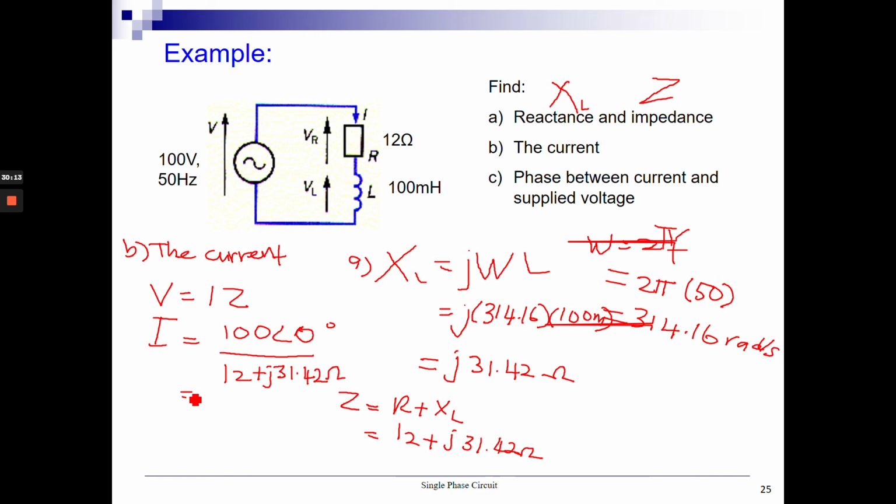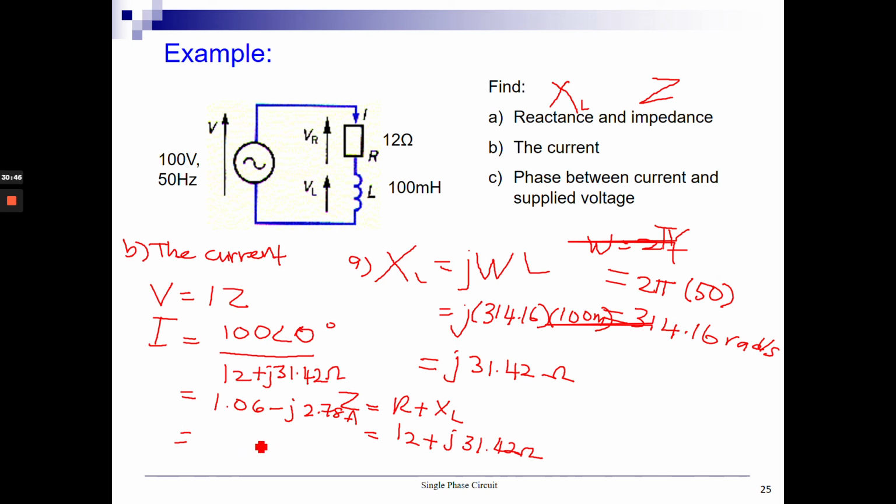Okay. So you will get 1.06 minus j2.78 Ω, or you can change to polar form.